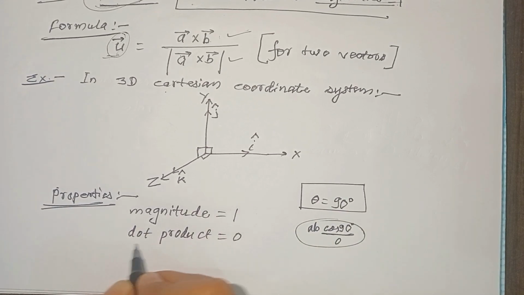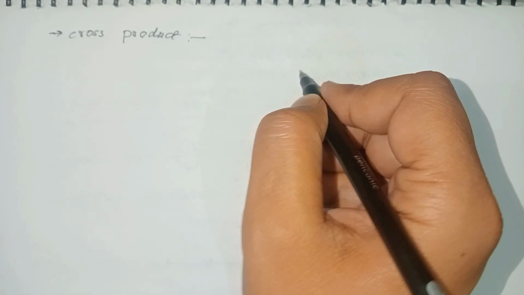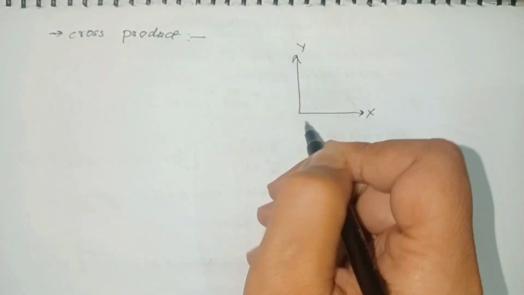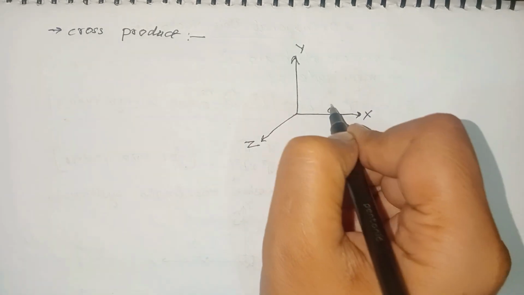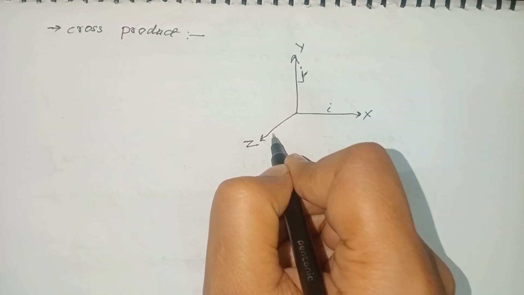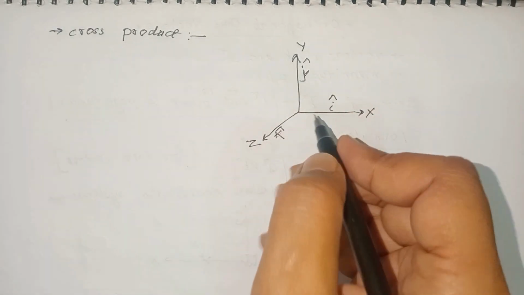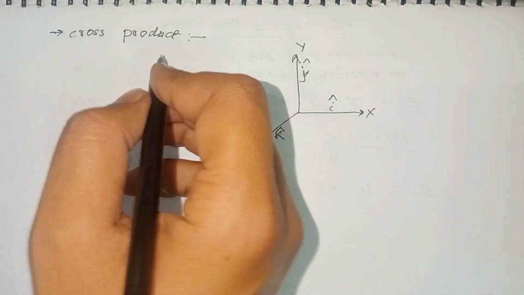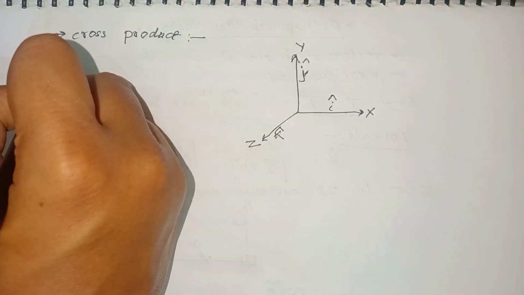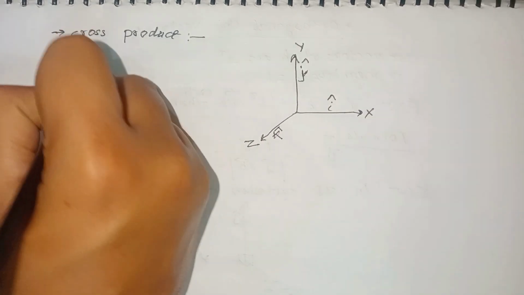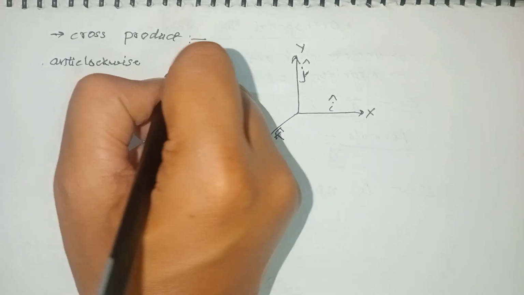And for the cross product, let's see on a different page. Let us draw it once again: x-axis, y-axis and z-axis. This is i, this is j, and this k cap is along the z-axis. Now there are two types of readings for the cross product: one is anti-clockwise counting and the other is clockwise.